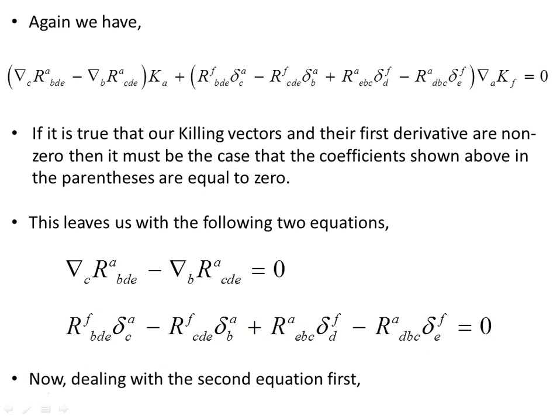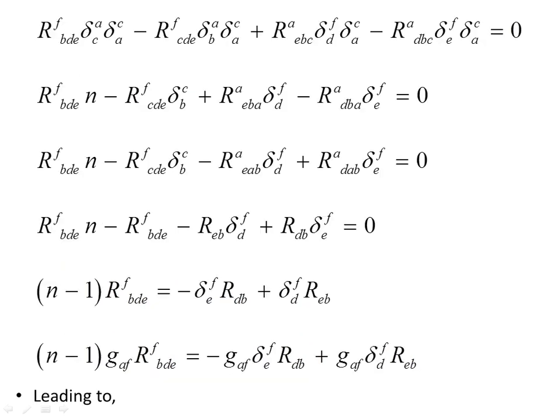Alright, so let's deal with the second equation first. Here we go, this part here, and I'll multiply through by an extra delta, Kronecker delta C A. Alright, why do that?